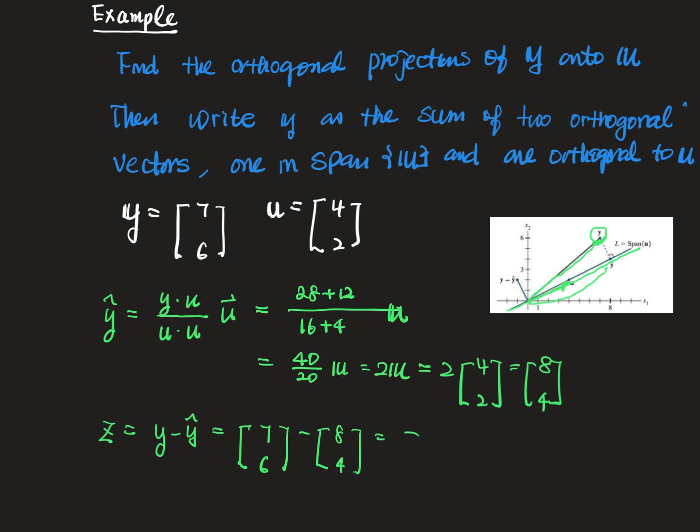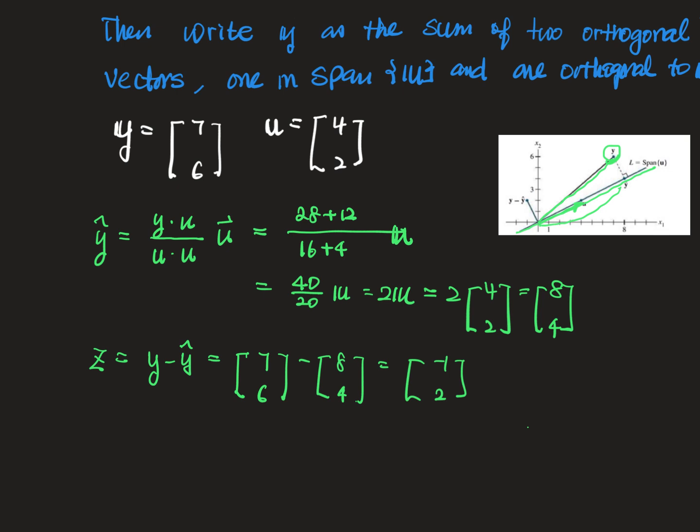It's going to be negative 1 and 2. That's the z vector, which is orthogonal to the orthogonal projection vector. Then y is going to be the orthogonal projection vector y hat plus z. The relation between y hat and z is orthogonal.